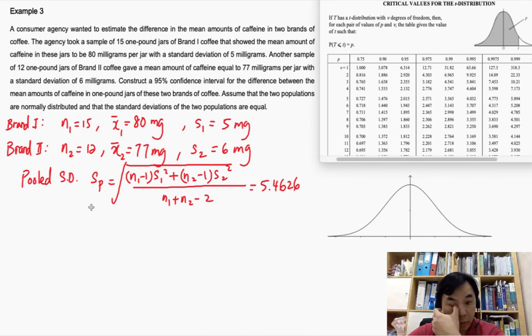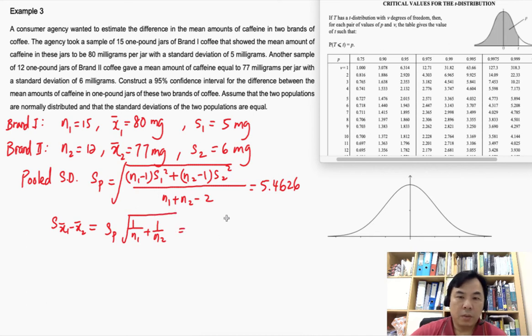And then once we have obtained this, we are going to calculate the margin of error, which is given by this. Okay, now this is given by the pooled standard deviation multiplied by the square root of 1 over each sample size.